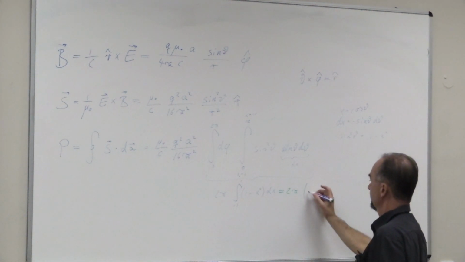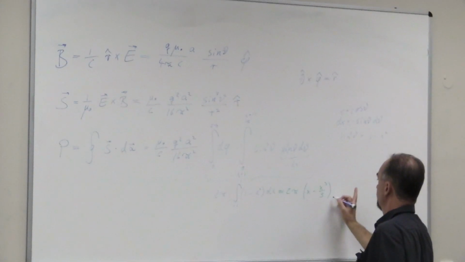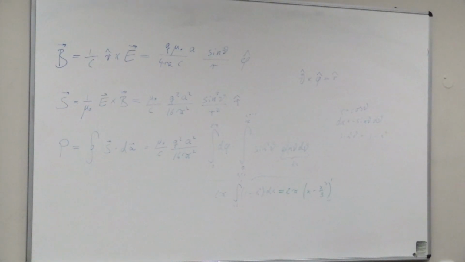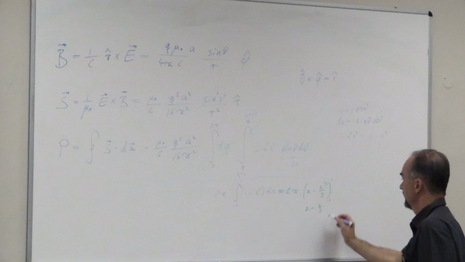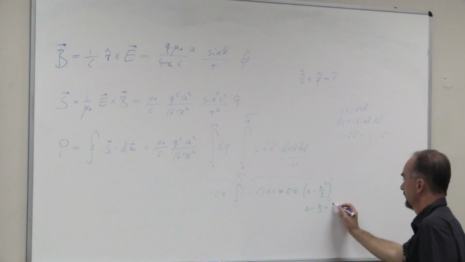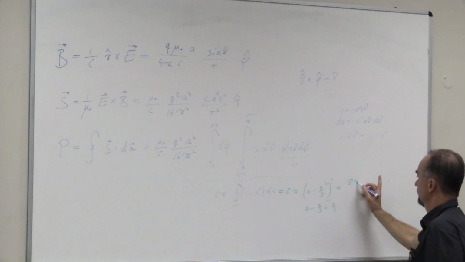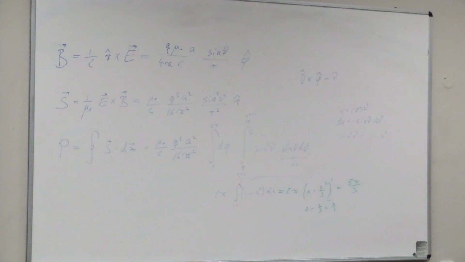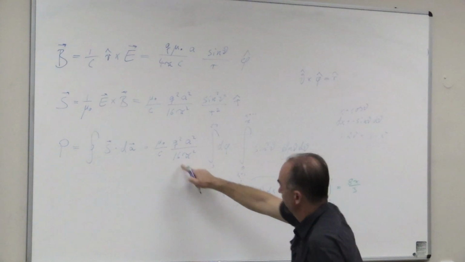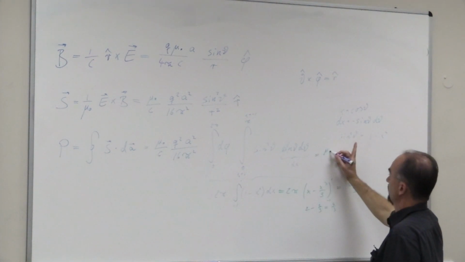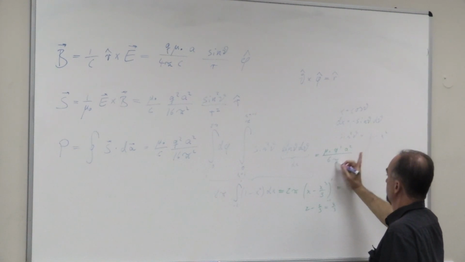And then we have x minus x cubed over 3 from minus 1 to 1, right? So that is 2 minus 2/3, which is 4/3. So this gives us 8 pi over 3. Right? So the total power is this times 8 pi over 3, so mu naught q squared a squared over 6 pi c.